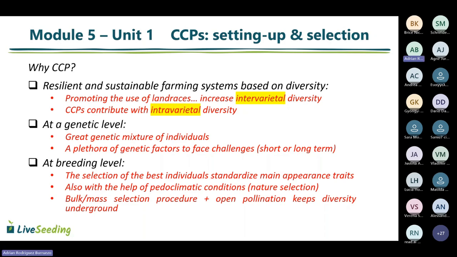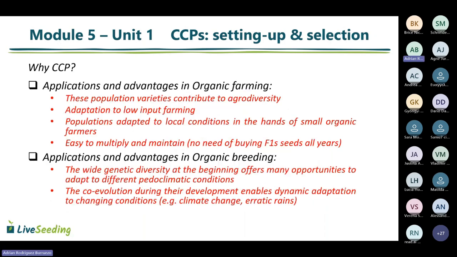This gives an underlying diversity. In terms of application and advantages in organic farming, these population varieties first contribute to agrobiodiversity, which is one of the principles of organic farming. With this genetic diversity, they have high opportunities to adapt to low input farming because they are recombining the genetic factors of several parents.